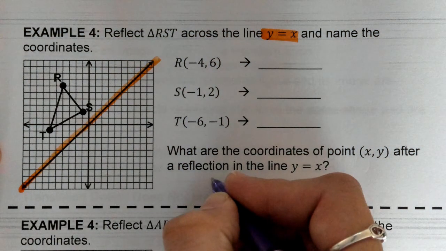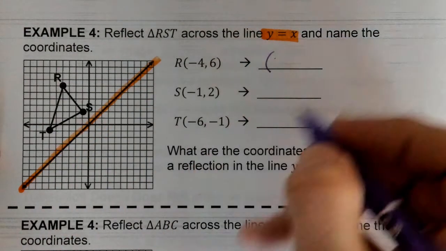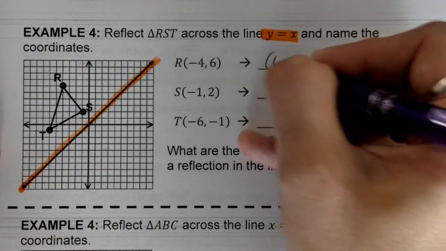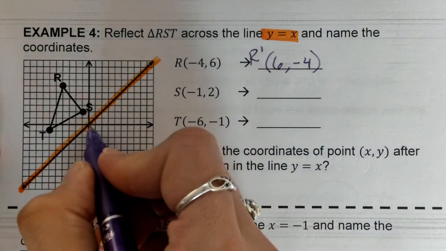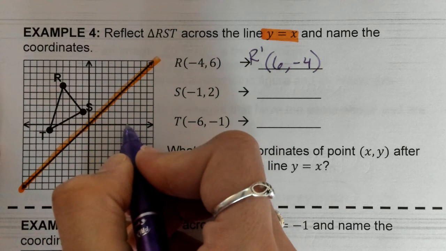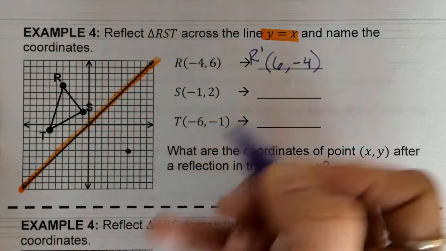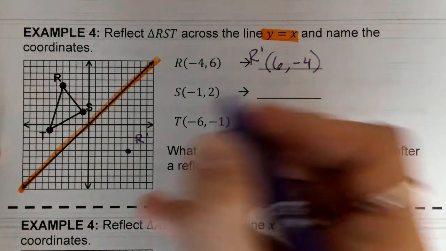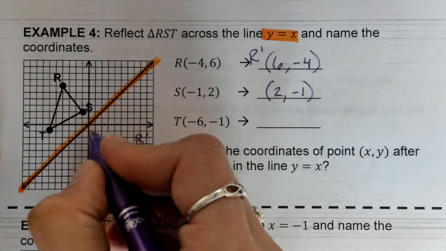So here, I'm going to give you the coordinates, and we're going to see what happened. Your R prime is going to wind up at 6, negative 4. Here's your R prime. Your S prime is going to wind up at 2, negative 1.